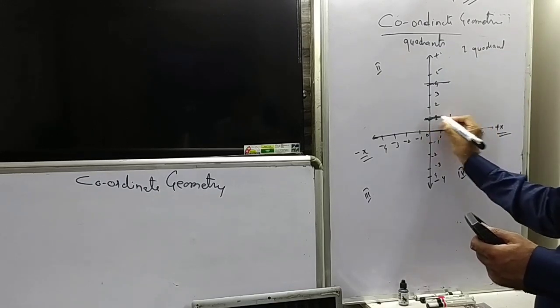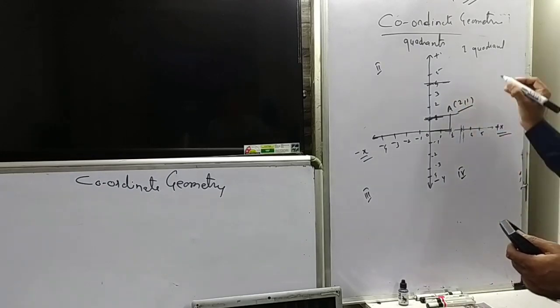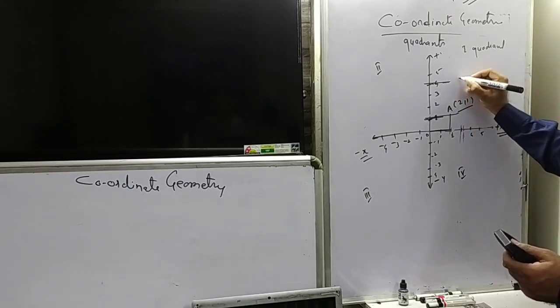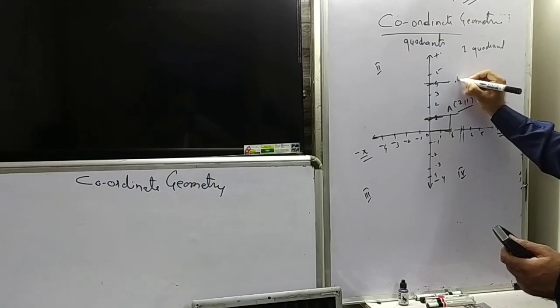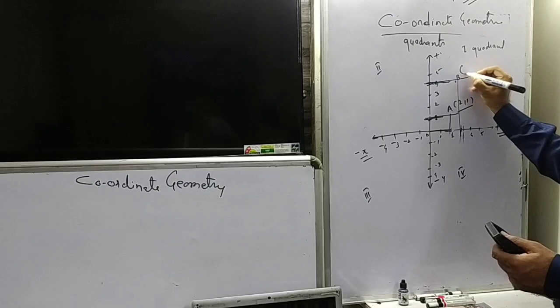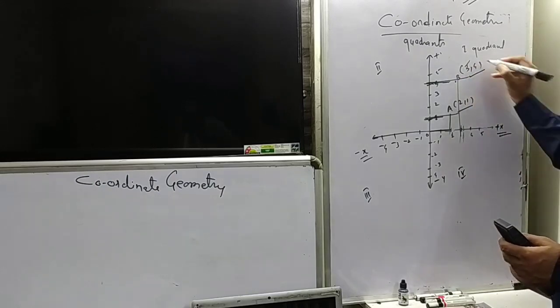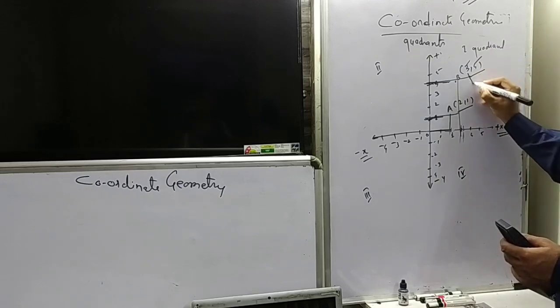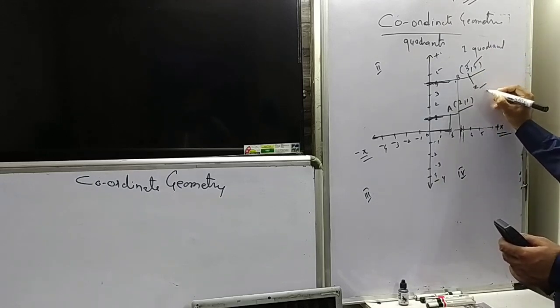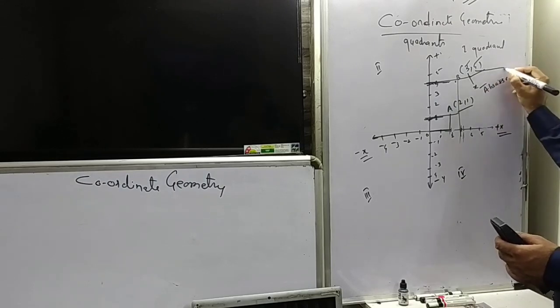First we represented point A, which is (2, 1), and another point B, with x coordinate 3 and y coordinate 4, so it is (3, 4). This 3 is the x coordinate, called the abscissa, and 4 is the y coordinate, called the ordinate.